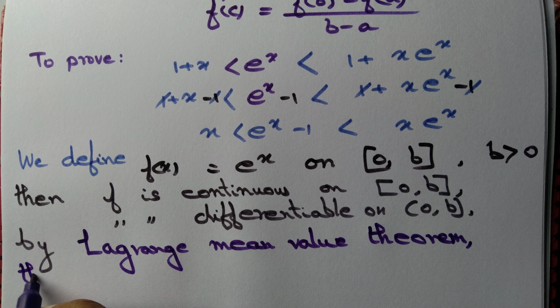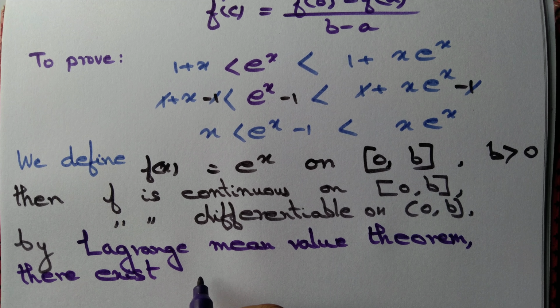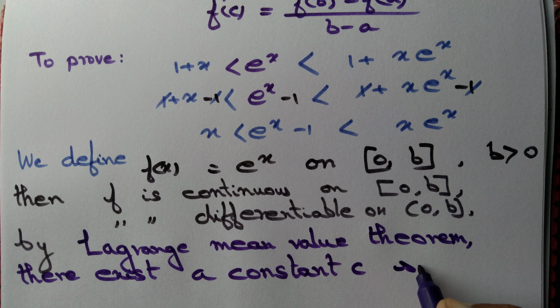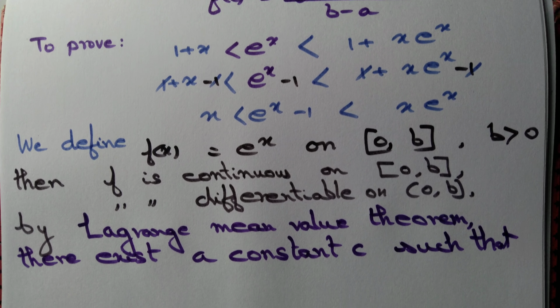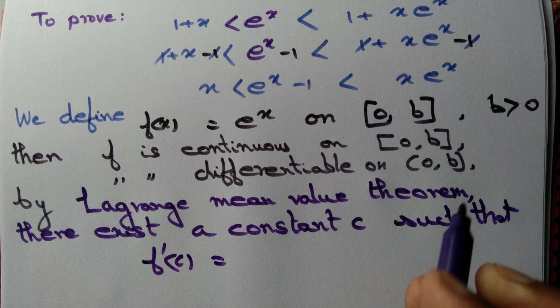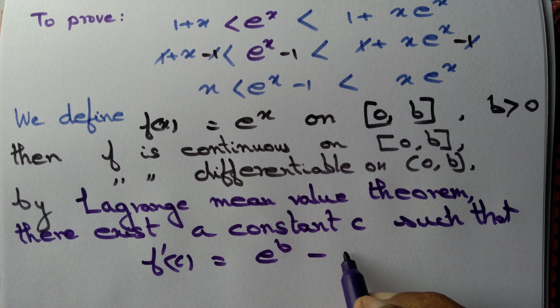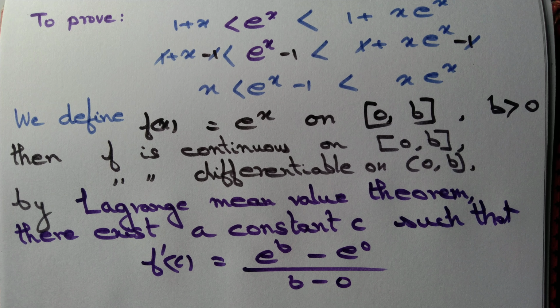there exists a constant c such that f'(c) equals f(b), that's e to the power b, minus f(a), that is e to the power 0, divided by b minus 0.